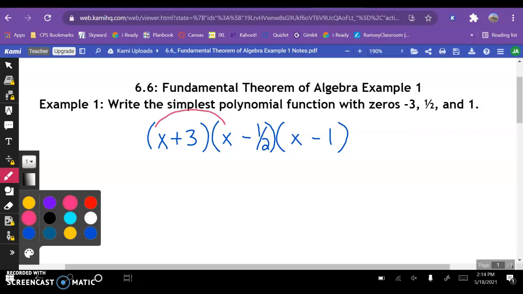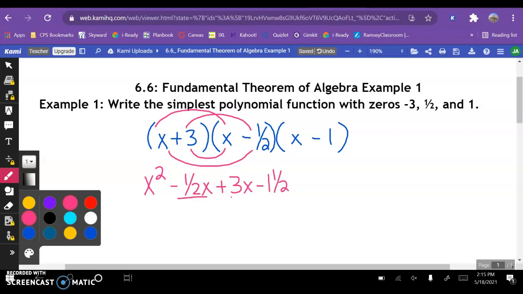So that would be x times x, and that's x squared. Then we're going to multiply the outside terms. -1/2 times x would be -1/2 x. Inside terms would be 3 times x, so that's 3x. And last terms would be 3 times -1/2, and that would be -1.5.